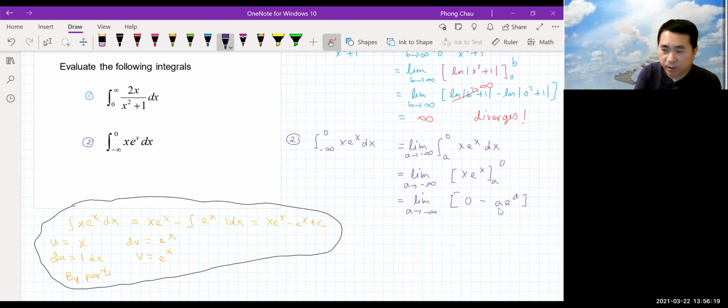If you rewrite this to make it easier, we write that as negative a over e to the negative a.